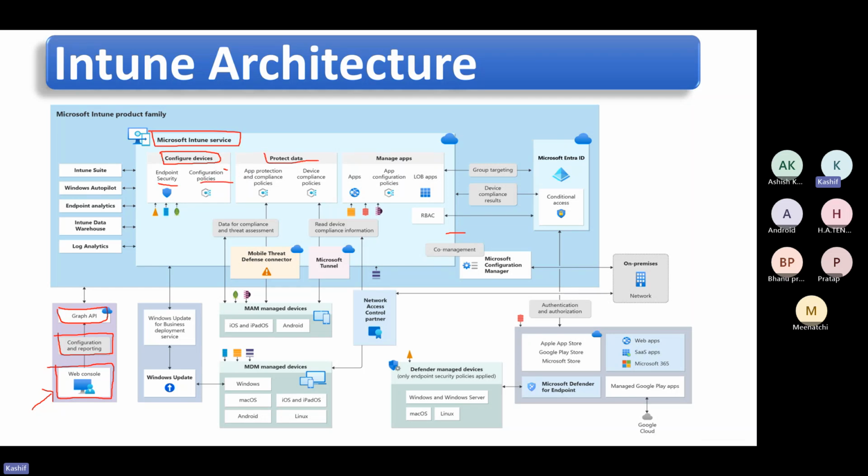Now, if you have to protect data, then it will be application protection and compliance policies, and then device compliance policies. And if you have to manage applications, then app configuration policy, line of business application. So Graph API plays a crucial role like a communication bridge, which understands your requirement and sends the information to Intune services in the backend to do the configuration and reporting.